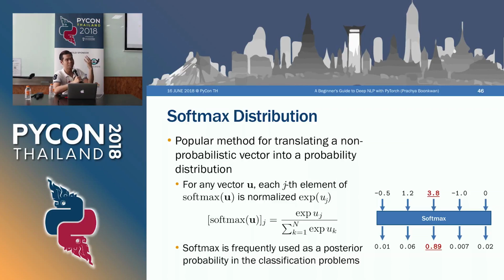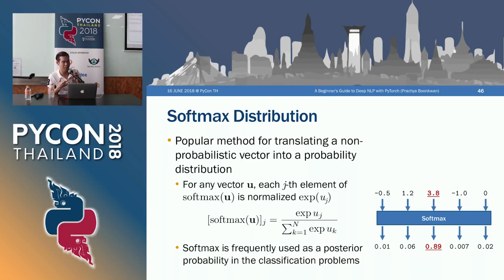So we just compute the exponential of each value and normalize them to get the probability. Very, very easy. We call this the softmax distribution. It is almost always used as a posterior probability in classification problems, like word segmentation. So we're going to use that as the final layer here.